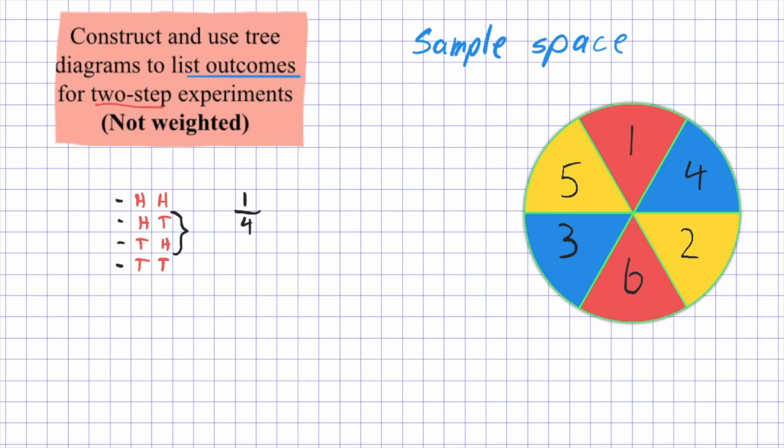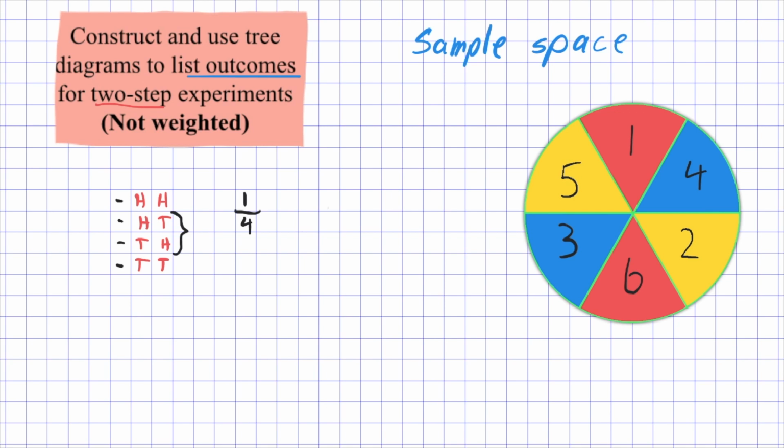Okay, so all the possible outcomes for this spinner, we would start with 1, 2, 3, oh, that's going to really run out of space there, isn't it? Let's try this again.